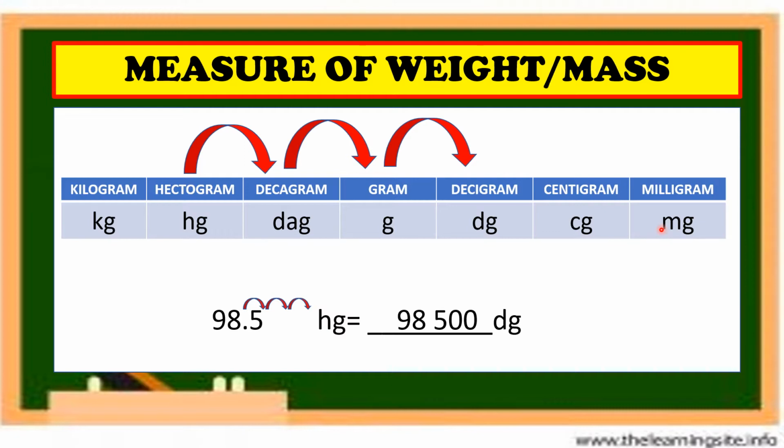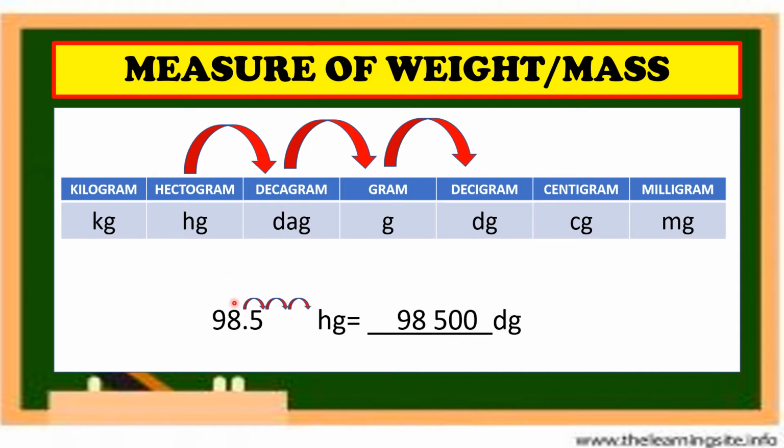Again, this is a multiple of 10. 1 kilogram equals 10 hectograms. 1 kilogram equals 100 decagrams. 1 kilogram equals 1,000 grams. 1 kilogram equals 10,000 decigrams. 1 kilogram equals 100,000 centigrams. And 1 kilogram equals 1 million milligrams.